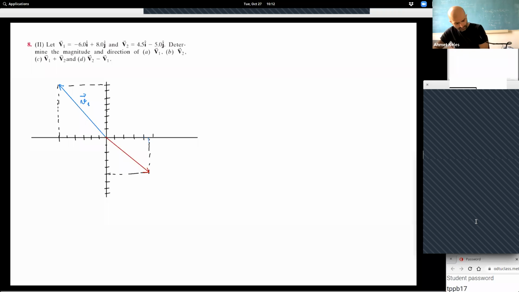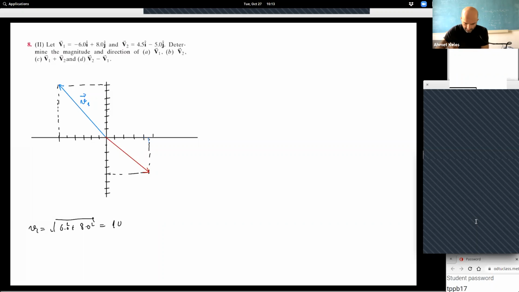First magnitude, I think magnitude of V1, we just use V1 without arrow, and it's equal to 6.0 squared plus 8.0 squared square root is equal to, just calculate, 6 squared plus 8 squared, take square root.